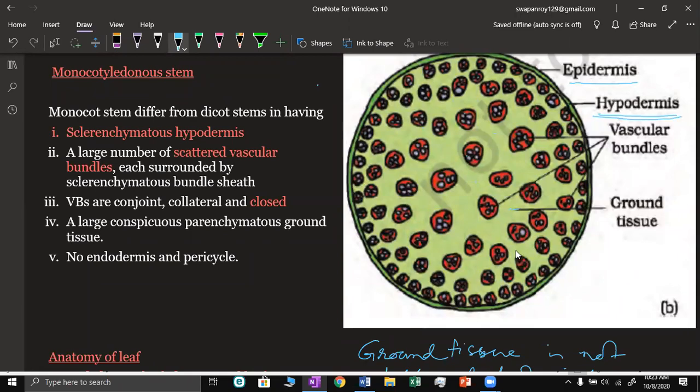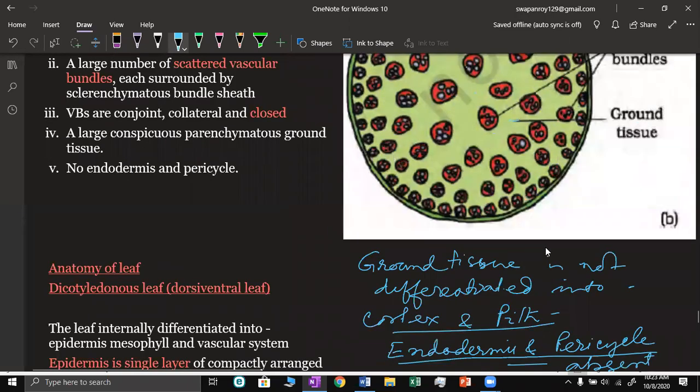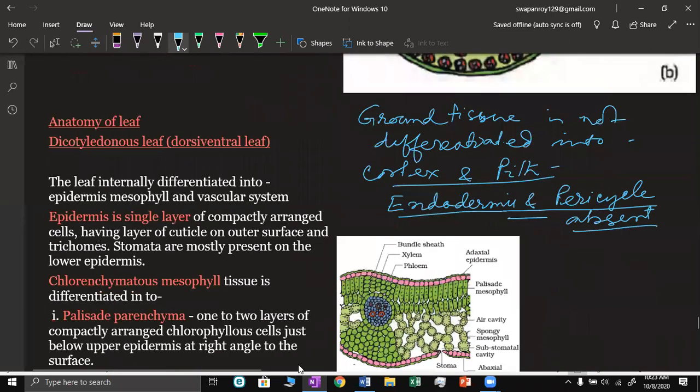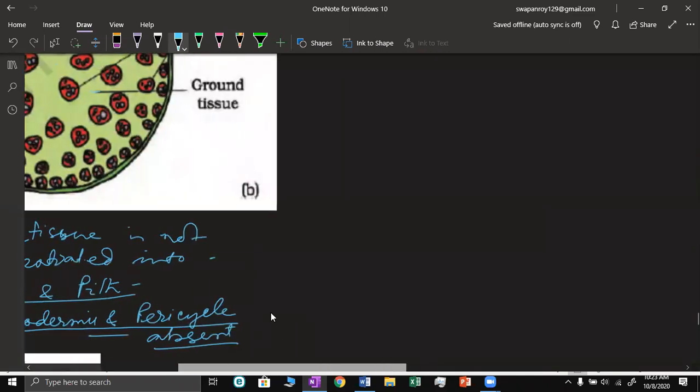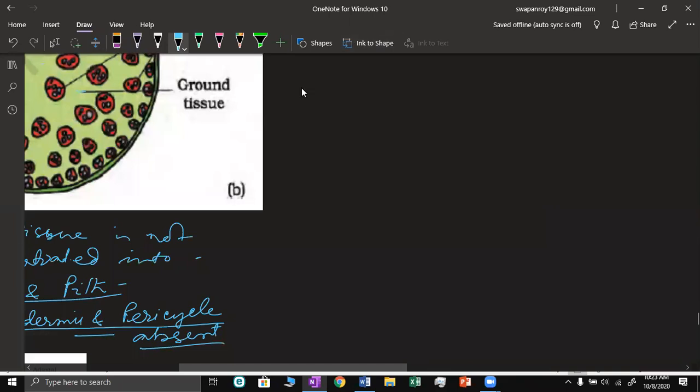One difference is that in the dicot the hypodermis was collenchymatous.